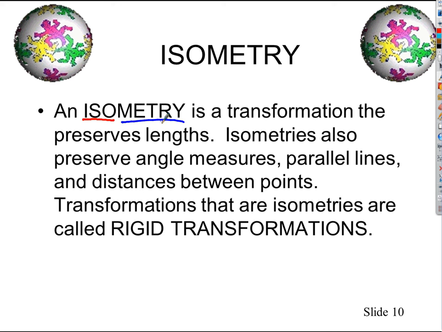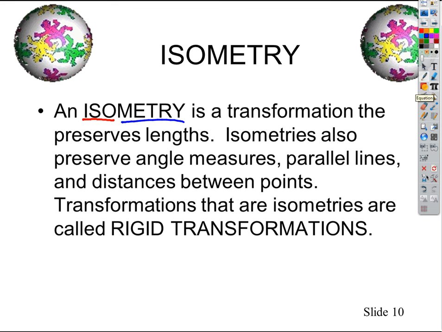What does metry mean, do you suppose? Say it again? Measure, yeah, it means measure. So same measures is literally what that means. So an isometry is a transformation that produces the same measures. So it preserves lengths, it preserves angle measurements, preserves parallelism, distances, all that stuff. Everything, all the measurements are preserved in that rigid transformation or that isometry.